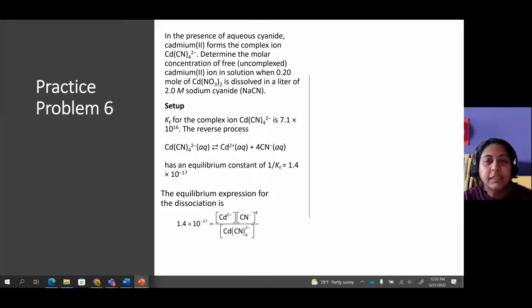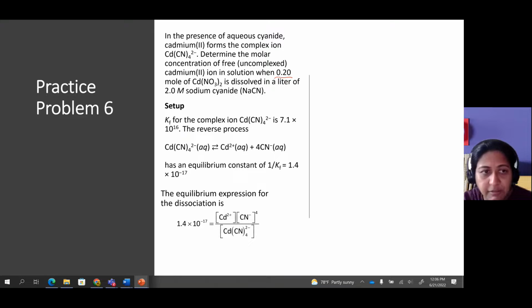Practice problem 6. In the presence of aqueous cyanide, cadmium 2 plus forms the complex ion tetracyanocadmium 2 minus. Determine the molar concentration of free, or uncomplexed, cadmium 2 plus ions in the solution when 0.20 moles of cadmium nitrate is dissolved in a liter of 2.0 molar sodium cyanide.